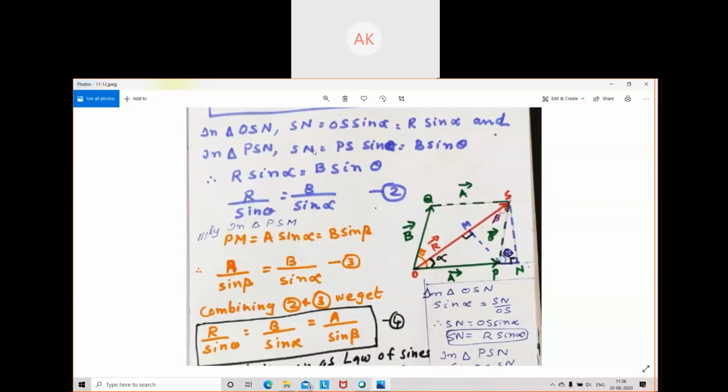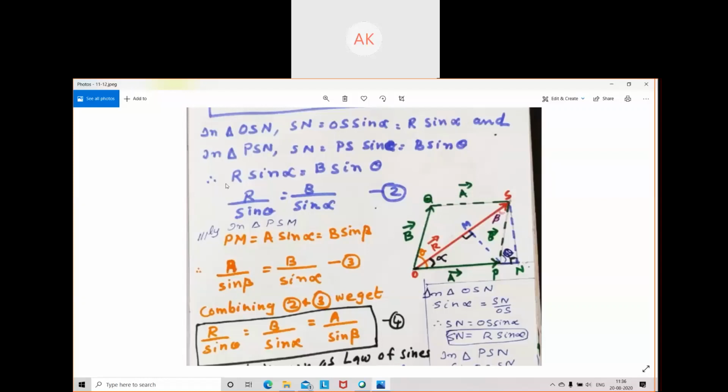Similarly, take the small triangle PSN. In triangle PSN, SN by PS equals sin theta, opposite side by hypotenuse. Sorry, not alpha, this is theta. So SN equals PS sin theta, that is, B sin theta.